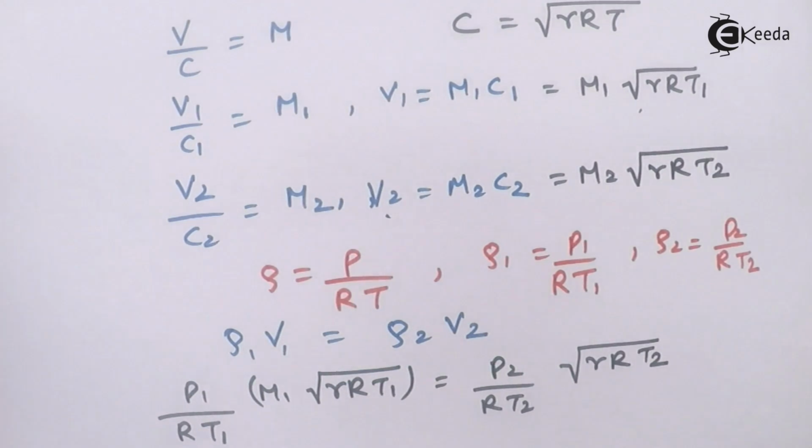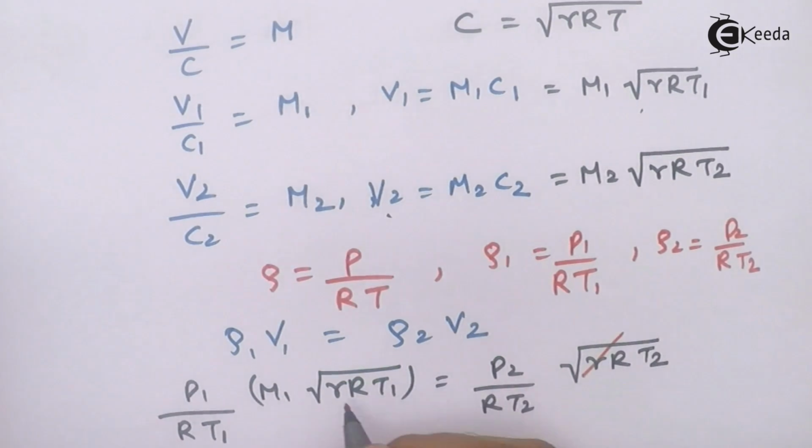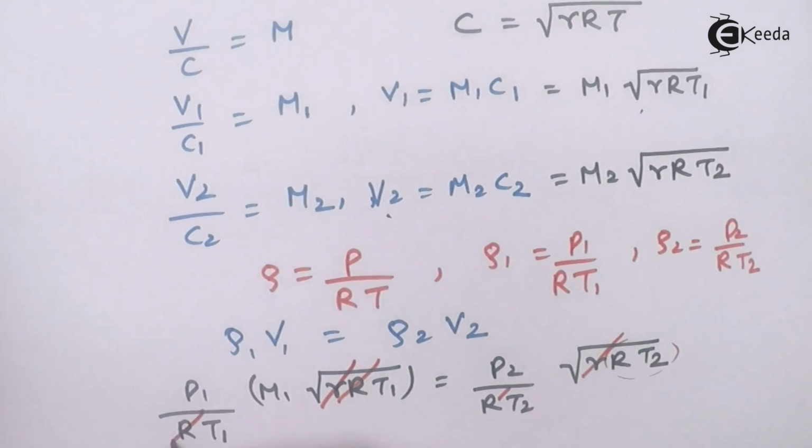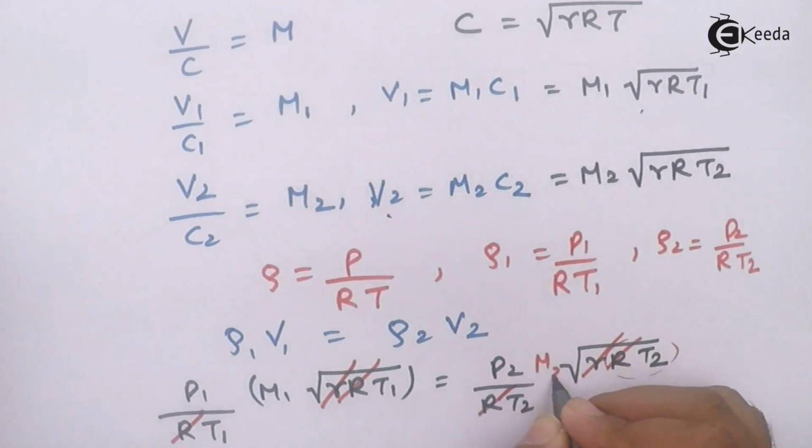So on evaluation of this we can cut gamma as well as gamma. Similarly over here we can cancel the R's also, so there is no necessity of R. These two R's and these two R's will go away, and we will be left with, over here, your Mach number also we have to include.